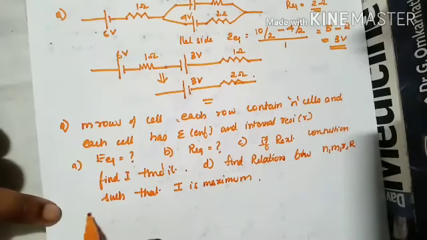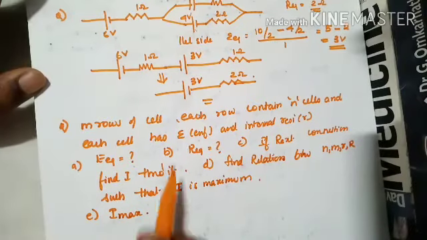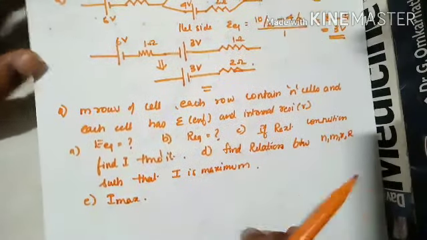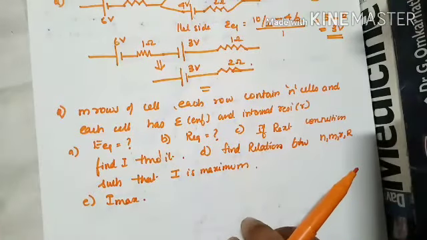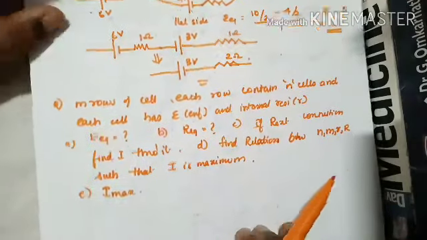And the last question: what is that maximum current? I think there are 5 parts of a single question. This much you can understand. Pakka, the parallel section is complete for you guys.